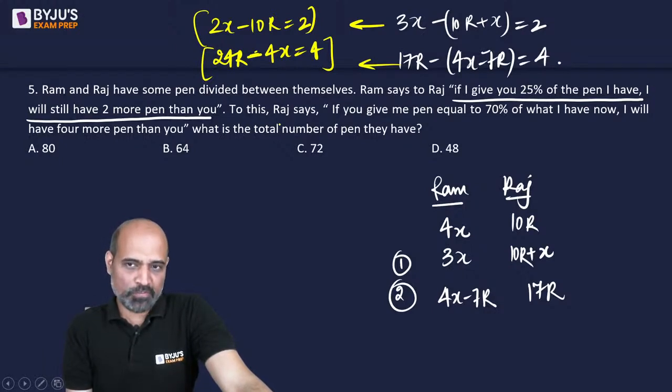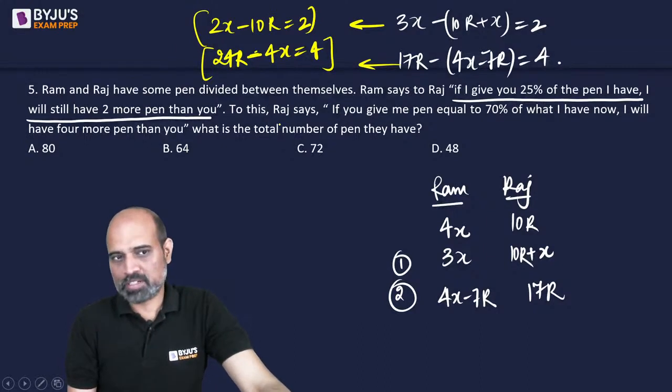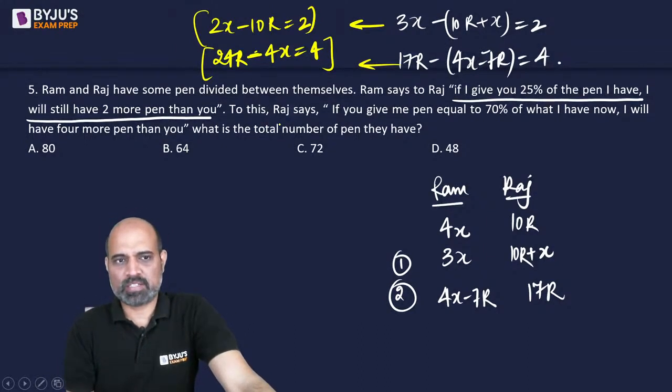If I give you 25% of the pens I have, so out of 4x, if he gives x to Raj, Raj will have 10R plus x. He will still have 2 more pens, that is 3x. में से उधर कम करेंगे तो 2 हो जाएगा. राम के पास अभी भी ज़्यादा है, right?